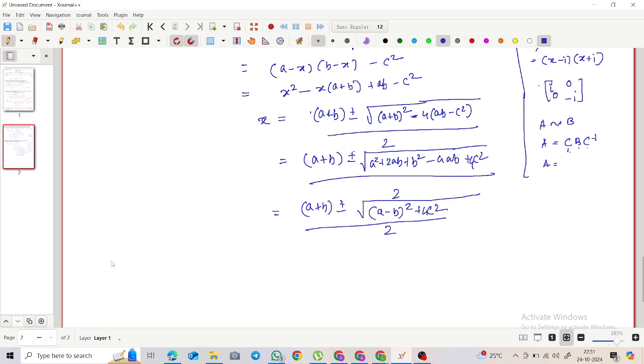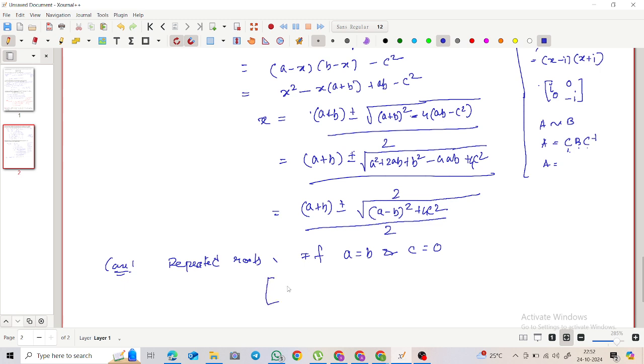So case 1, repeated roots. If the discriminant is 0, just a minute, that has repeated roots, then a equals b and c equals 0, right?